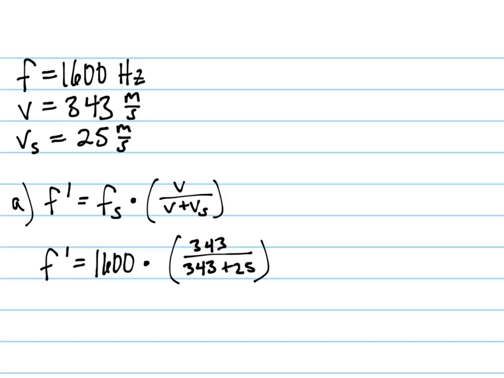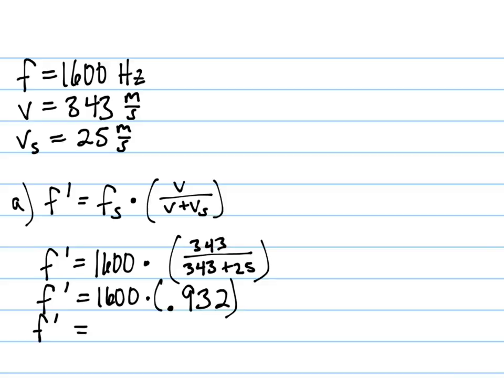So now we can see we're going to get a lower frequency, as we would expect, because the source is moving away from us. Therefore those wavelengths are a little bit longer than they would be if it were at rest. So we get about 1,490 hertz.